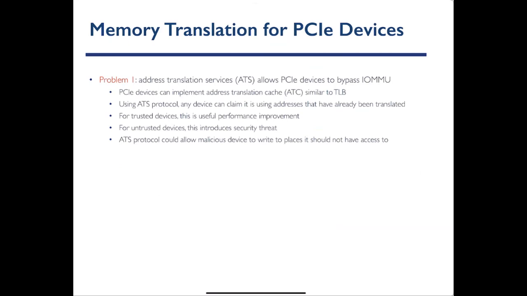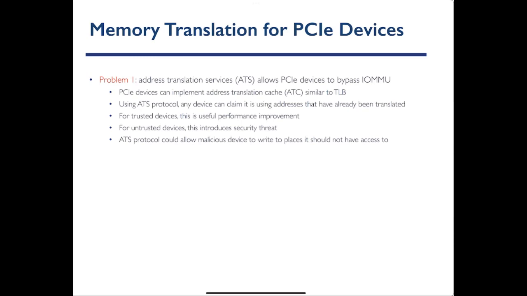The IOMMU has its own TLB to cache the translations, but PCIe allows the devices to have their own TLB. So if your device goes to the IOMMU to translate a virtual to physical address, it could cache that translation. Later on, when it wants to access the same address, it could use its own cached translation and say to the IOMMU, I don't need your translation anymore.